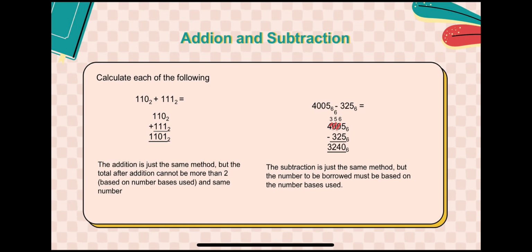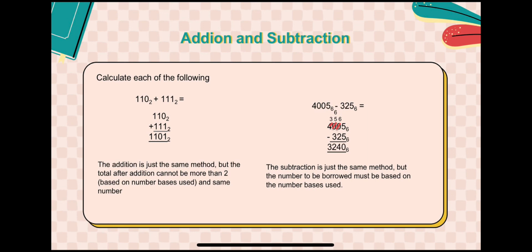So 4005 minus 325 in base 6. 5 minus 5 is 0. That's not the problem. But 0 cannot be minus 2, so we have to borrow from the next digit, but that one is also 0, so we have to borrow from the number 4. So 4 is borrowed from, leaving 3.